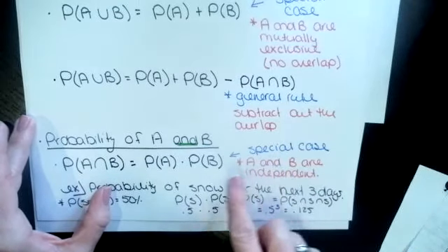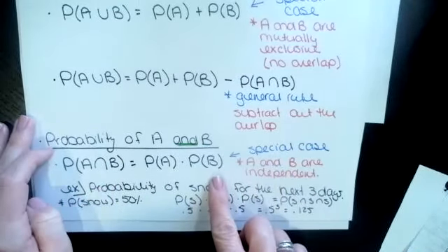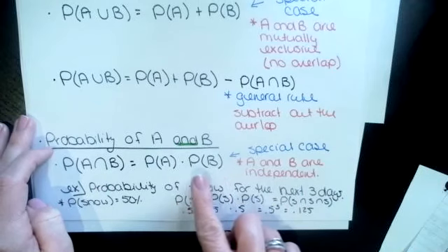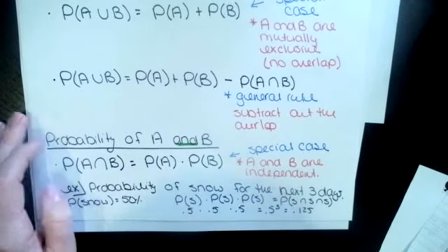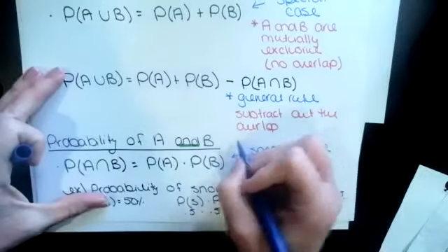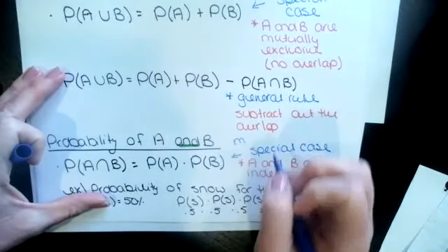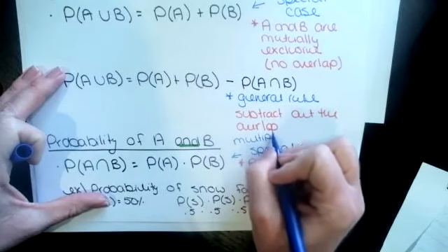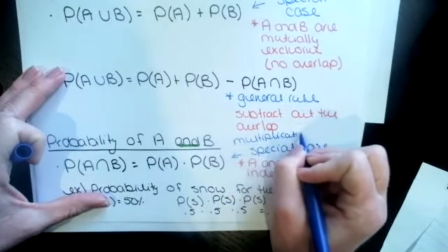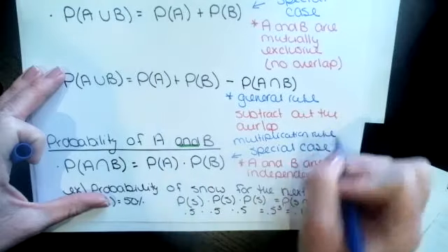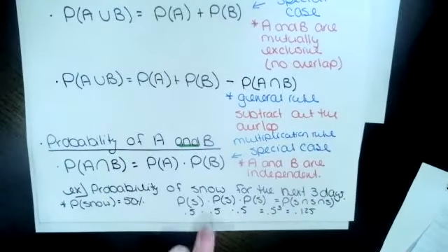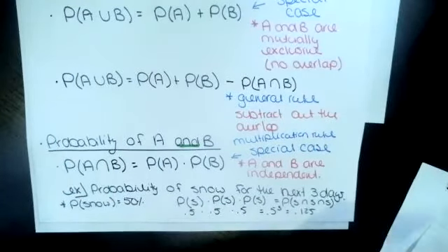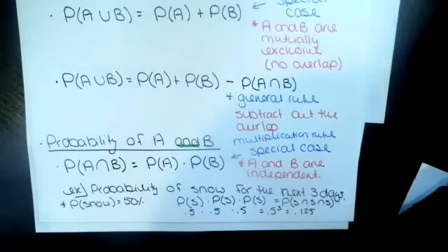We're going to look at the general rule for probability of an and, okay, or multiplication rule. I do want to write that down, multiplication. We're going to look at the general rule next class. So here's our multiplication rule, okay, our A and B.